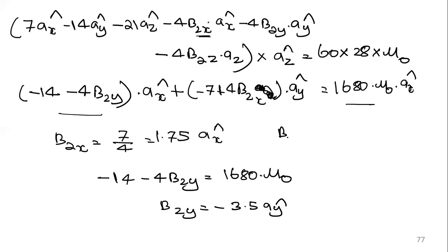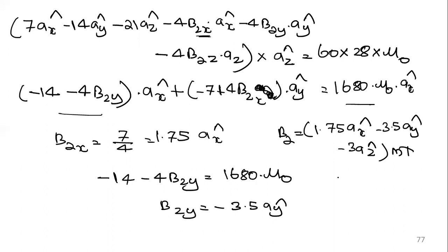So B2 together, you can write it as 1.75 AX minus 3.5 AY minus 3 AZ. So do this on your own and tell me if you're not getting this final answer. So B2 you can find it like this, and if you're asked to find the angle theta, then go for this equation, tan theta 1 by tan theta 2 is equal to mu 1 by mu 2. So this way also you can find it out.